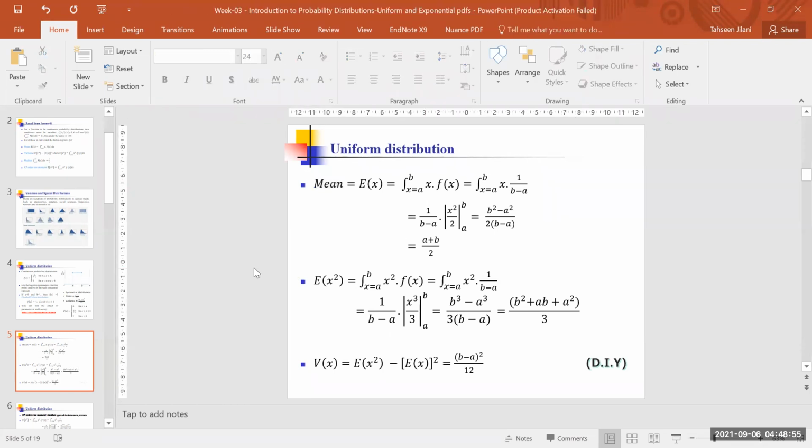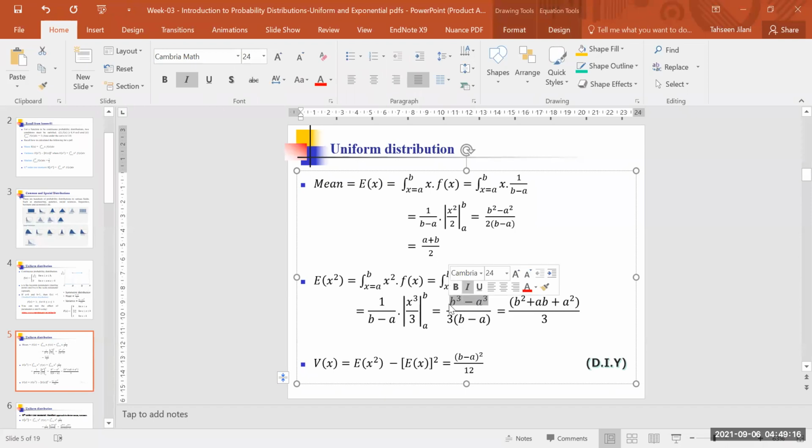So the second thing is the expectation of x squared. We integrate the function from lower limit to upper limit, x squared f(x), the same as the previous step. It will give me x cubed over 3 and 1 over b minus a, times b cubed minus a cubed. So it is a difference of two cubes.